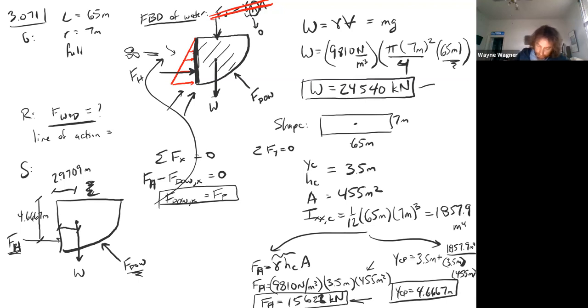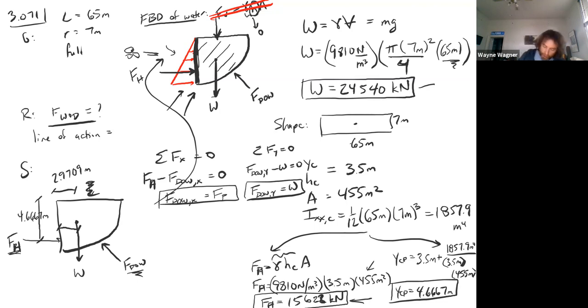And so we've got F dam in the y direction minus the weight equals 0. So again, F dam in the y direction equals the weight, the magnitude. This makes perfect sense if you think about it.